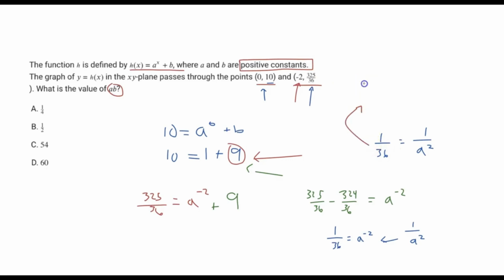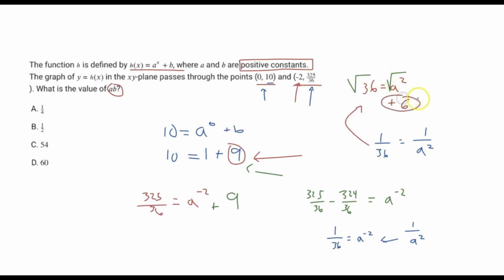So this really is just 36 equivalent to a squared. Now we can solve for a by taking the square root of both sides. On the SAT, when you manually take the square root of something, you are taking the principal square root, and therefore you only want the positive solution. So instead of negative 6 and 6, it's just going to be positive 6.